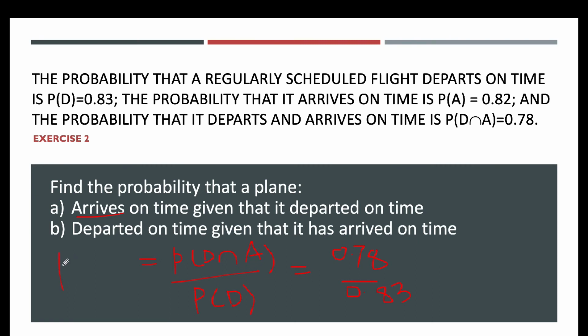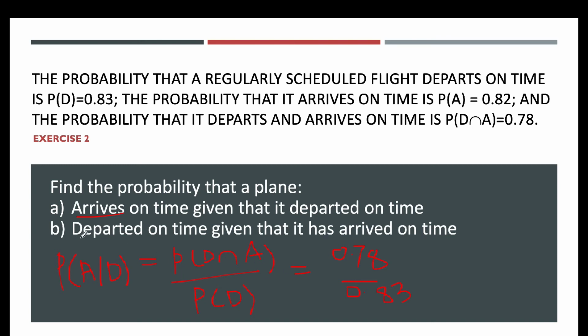Sorry, A, not D. Don't even I get confused. Don't get confused: A, arrive on time, given that it departed on time. It should be like this. This is the correct one. If you miss it, of course you're going to miss the marks.